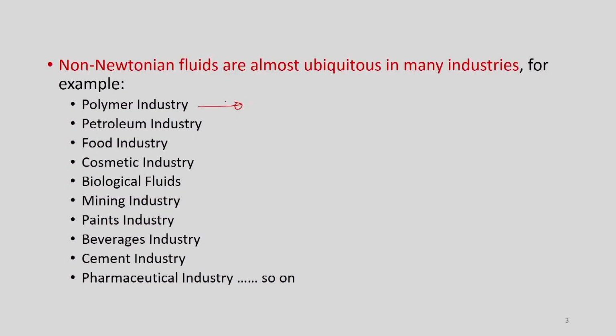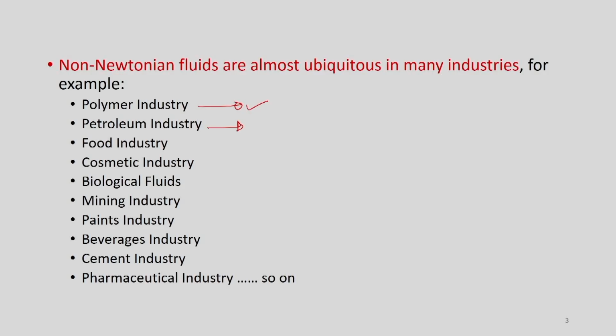Of course, they also show other kinds of behavior, like viscoplastic, time dependent, and some polymers also show viscoelastic behavior. So that is the reason non-Newtonian fluids are expected to have a vital role in polymer industries.